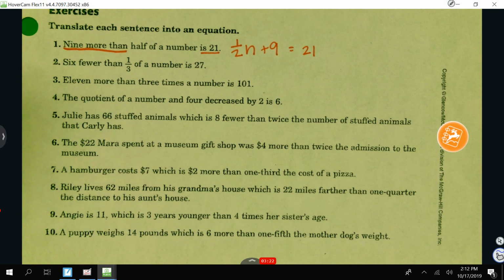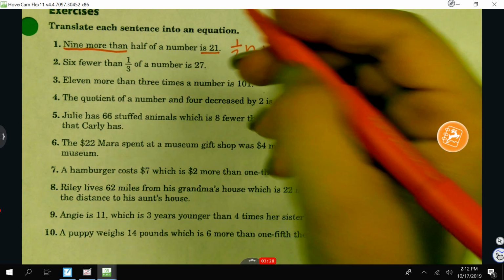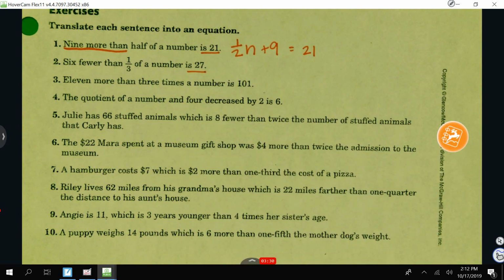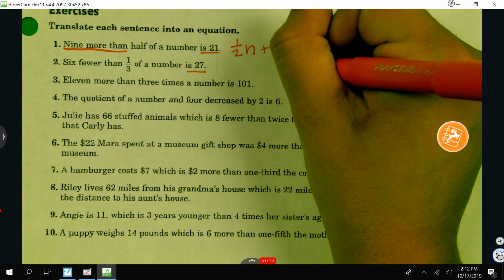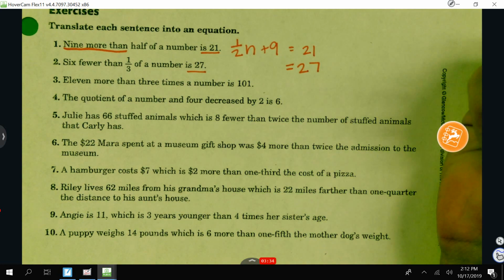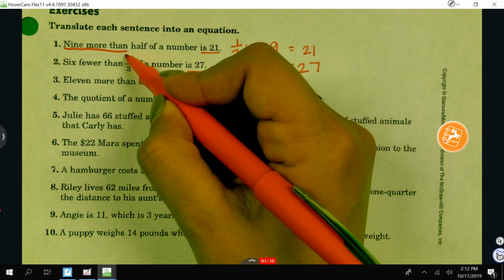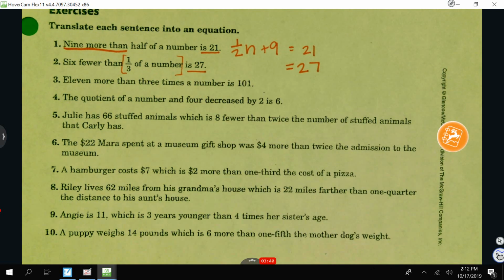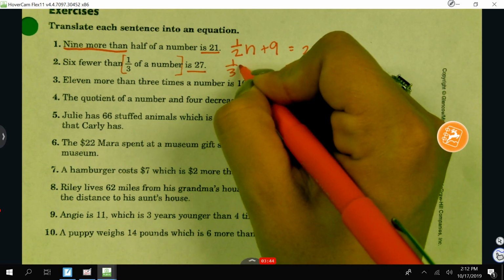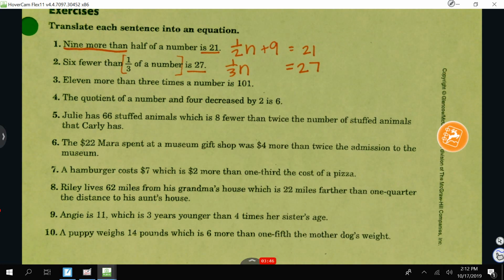Okay. Number 2 says 6 fewer than 1/3 of a number is 27. So what I know about that is 27 again. Equals 27. And then 6 fewer than 1/3 of a number. So first, how do I write 1/3 of a number? Yeah, 1/3 n or n over 3, either one.